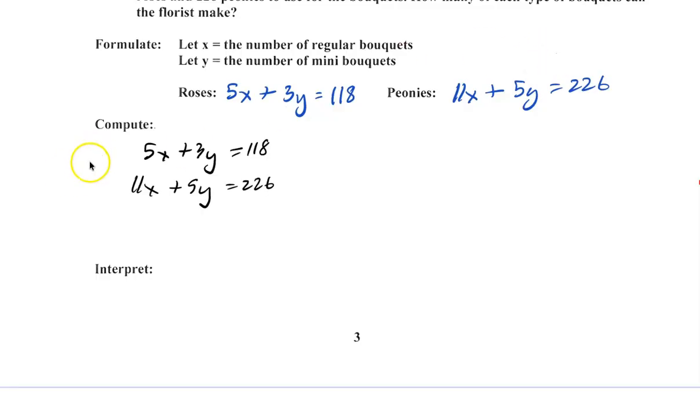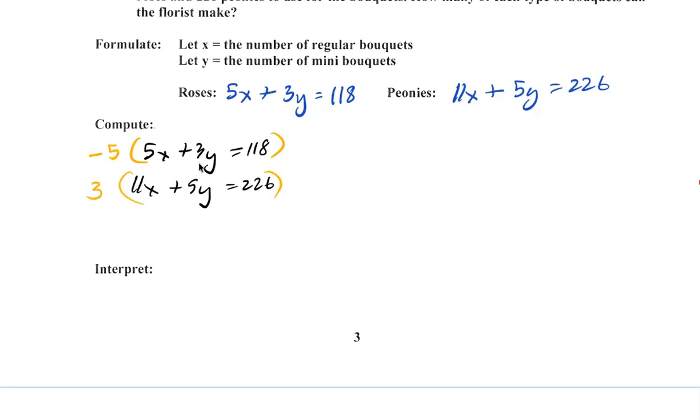So now this one, again, if I add them, nothing cancels out. So I can't do that. We have to eliminate one of the variables. I think the easiest thing to eliminate would be the y's. So I think I can make them both be 15. So if I multiply the top by 5 and the bottom by 3, they'll both cancel each other out. So let's do that. Let's do the top by a negative 5. And let's do the bottom by a positive 3.